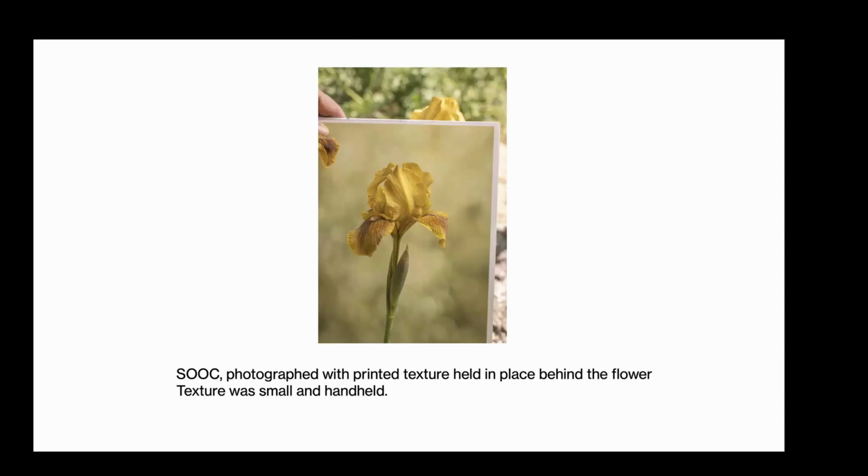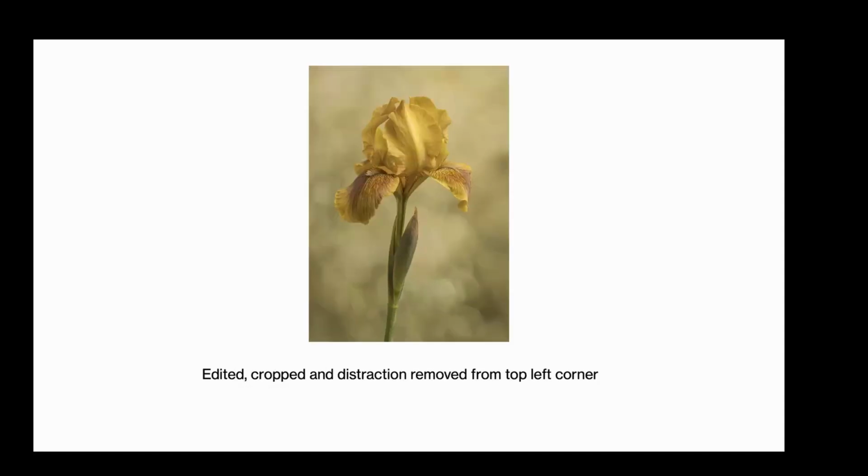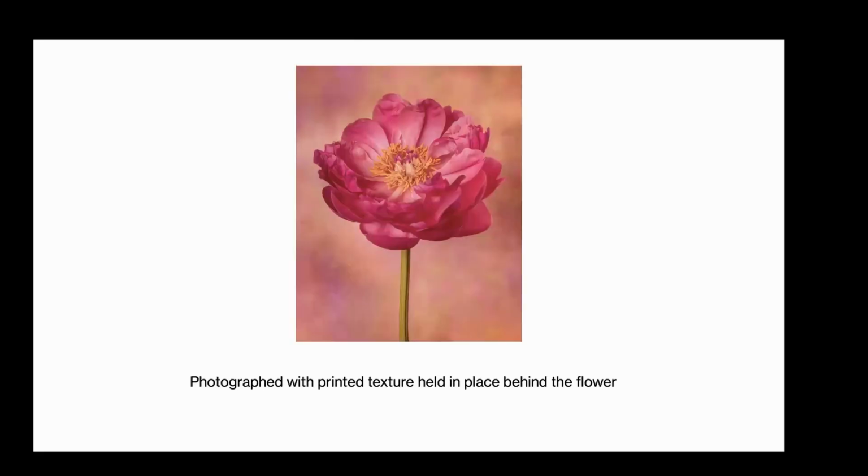But that was a printed texture held behind the flower. And I just cropped that and took the distraction away from the upper left corner, and you have a more polished image. This again was a flower with a printed background held behind it.